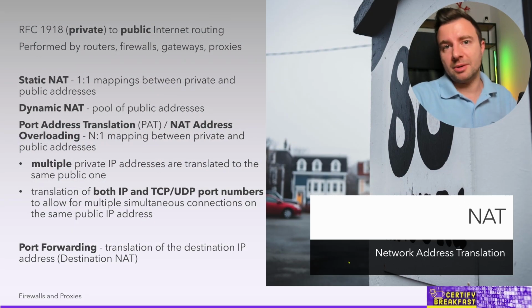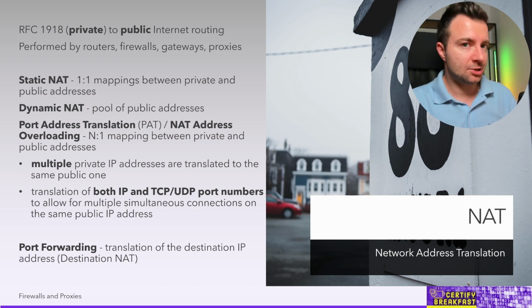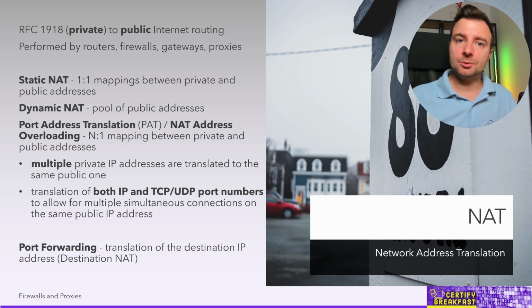And finally, one more topic here. What we just talked about, NAT, that's most likely going to apply to the source NAT. So the source address translation, that is, we're trying to get rid of a private source IP address and replace it with a public one. But we can also perform NAT in reverse. That is translation of the destination address.